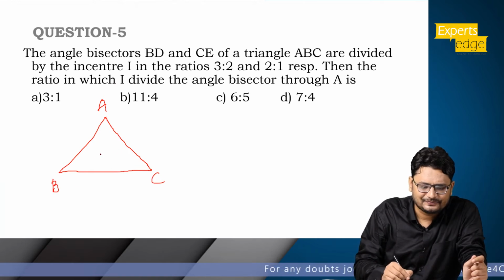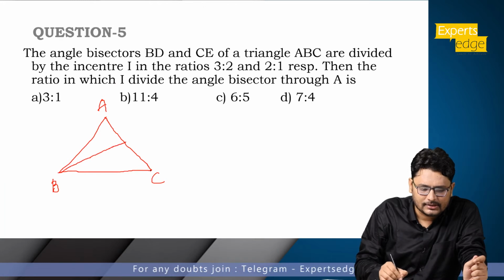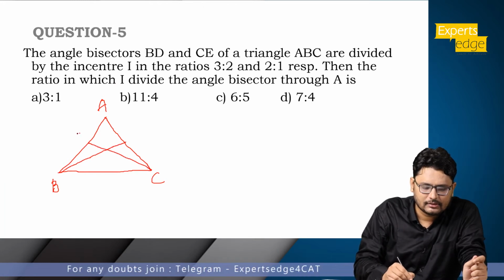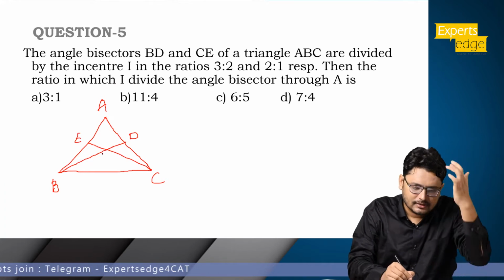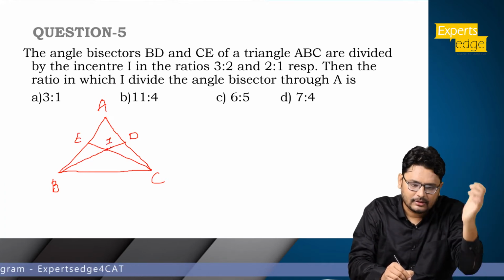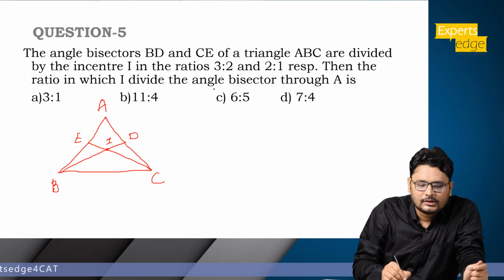This is ABC, angle bisector BD and angle bisector CE, right? They are divided at the incenter. This is I, 3/2.